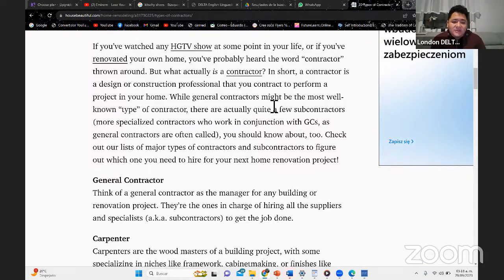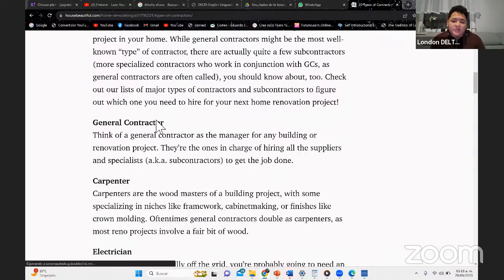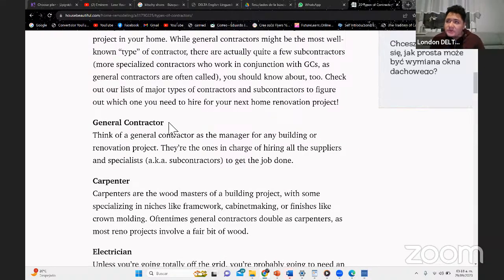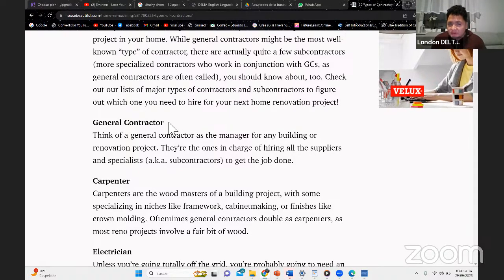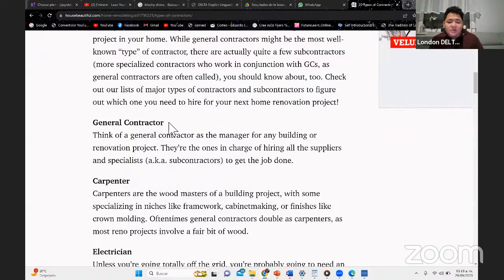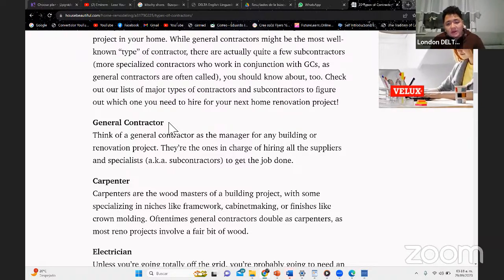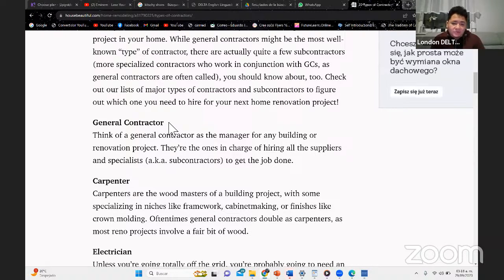So the first one is general contractor. These general contractors are in charge of everything. Let's say that you have a building or renovation project. So you could say, okay, I'm going to renovate my house. So you hire this general contractor, and this general contractor hires all the other people.